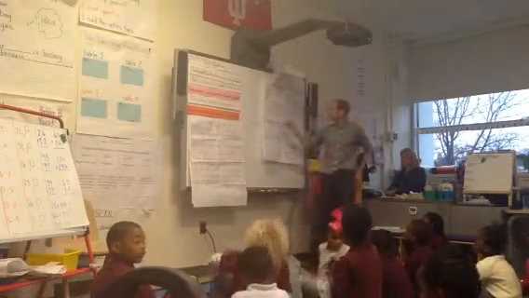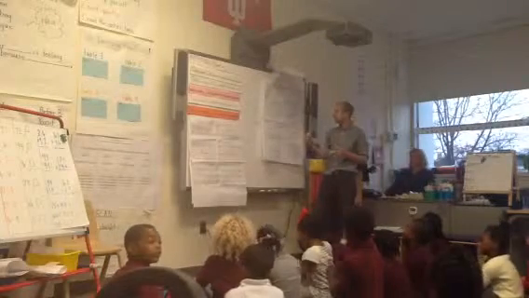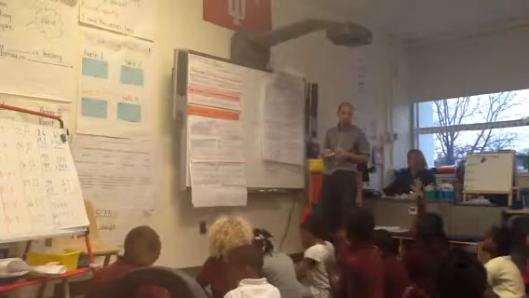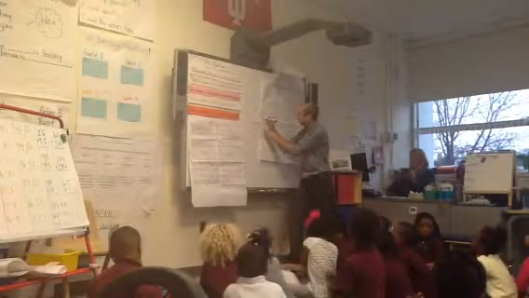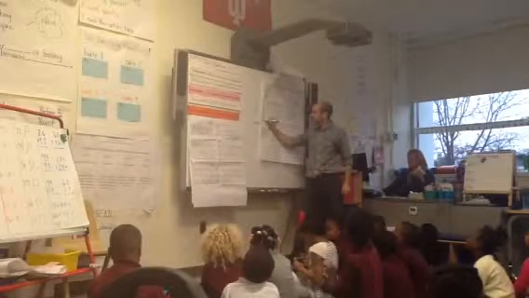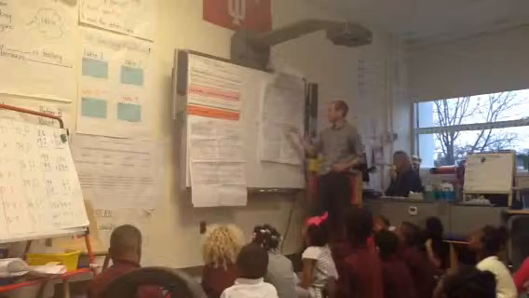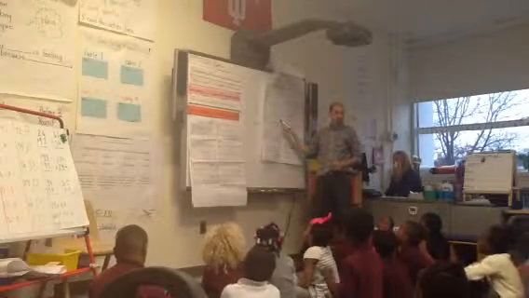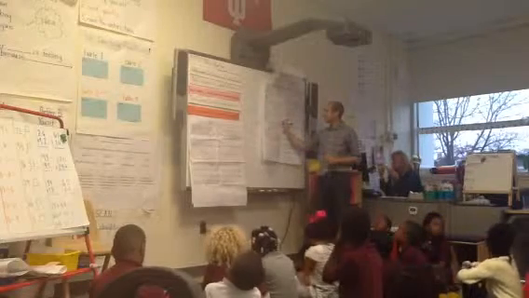Okay, I'm going to model for you again. So 19 minus 12. I'm going to draw out 19. You're going to count along with me as I draw it. 10, 11, 12, 13, 14, 15, 16, 17, 18, 19. So I know there's one 10 in 12, and there's two 1s in 12.